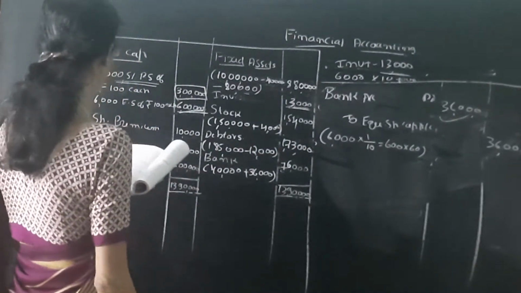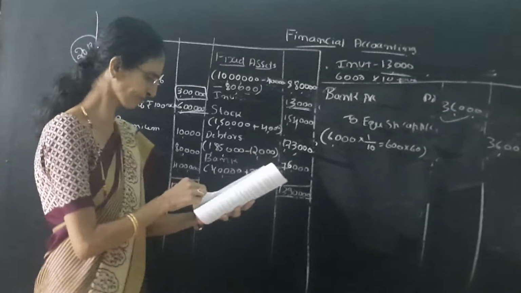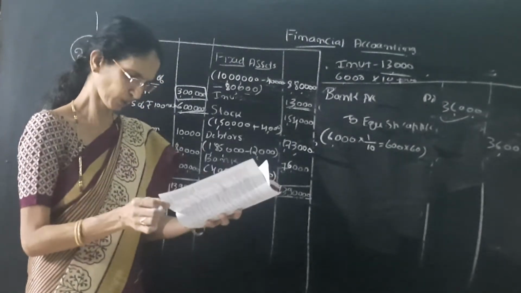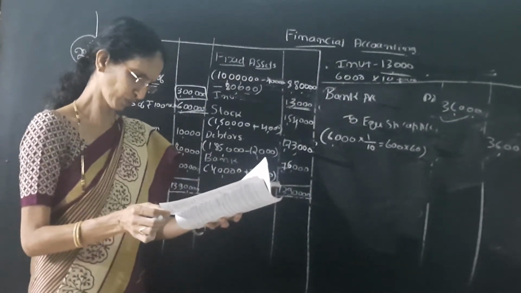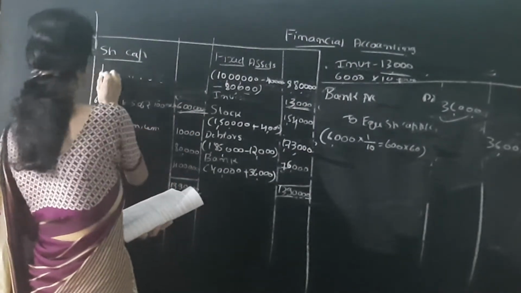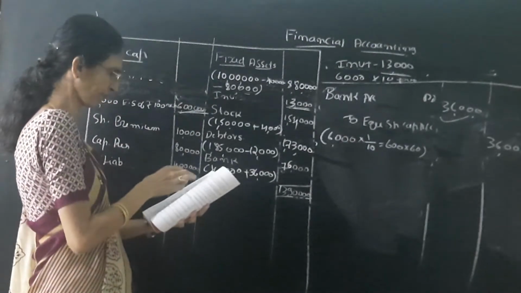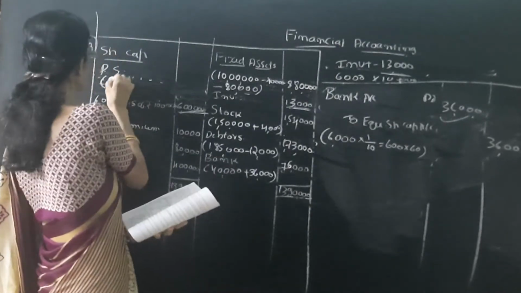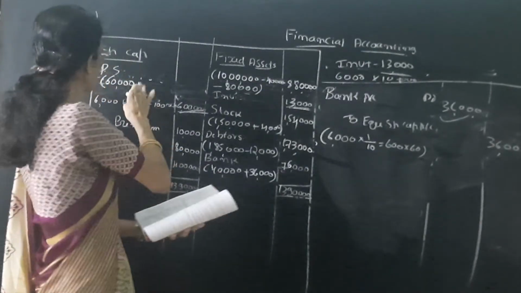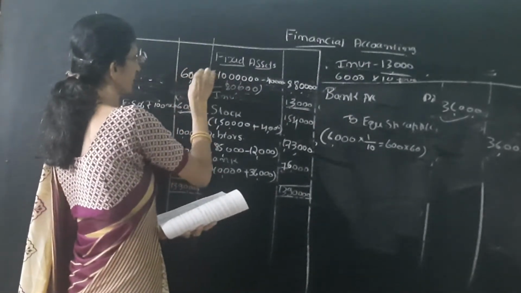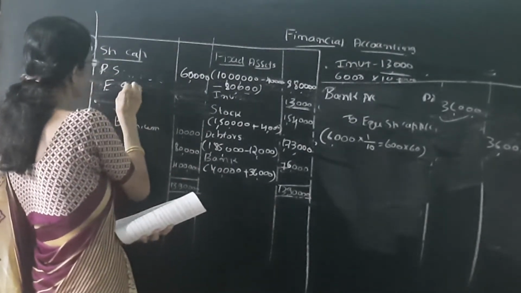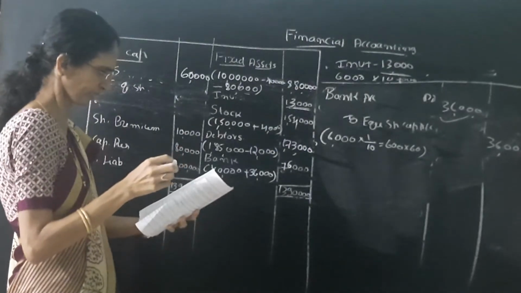Come to the liability side. Here preference shares. See the journal entry number 2. Here we have to write preference share capital, 60,000. Then we have to write the equity shares. See the third entry.